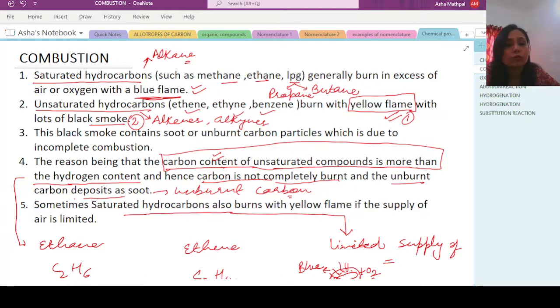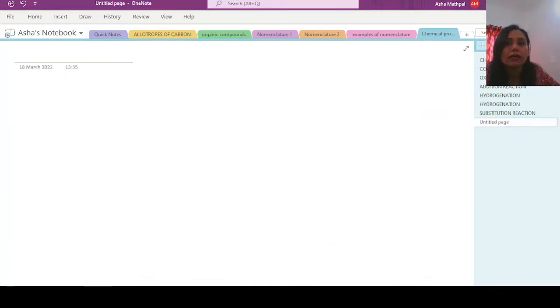Now if you look at our surroundings, we have lots of other things also, like you must have seen the burning of coal. When you see the burning of coal, you will see that initially it burns with a flame, okay.